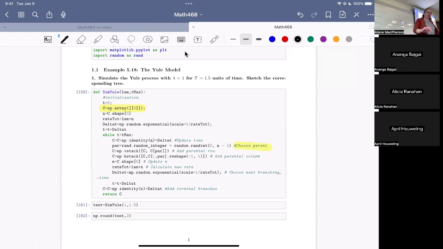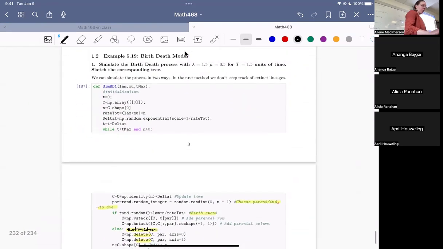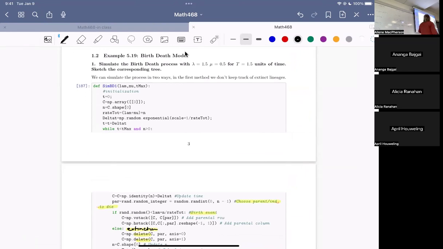And you can see a slightly more complicated version of it, a birth-death process, where you have both speciation events and extinction events, where you're both adding columns and rows and deleting columns and rows. So there's one more complication when you have extinction, where you have to pick an individual to go extinct, and then you get rid of that row and that column because they went extinct. Okay, you're welcome to go look at the C++ or the Python code if you want and use it in your homework.